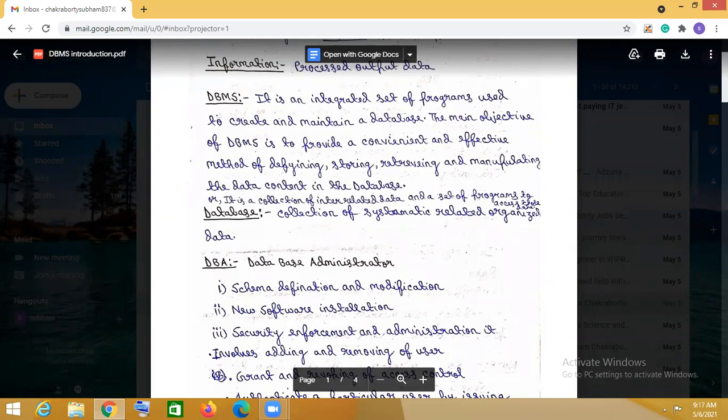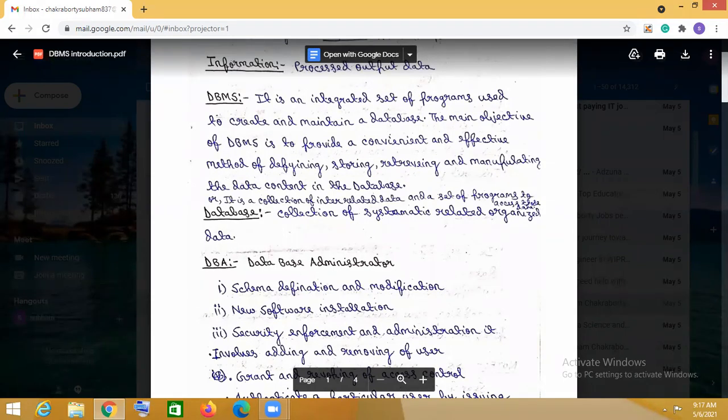Security enforcement is also the responsibility of the database administrator: enforcing security rules, and checking that security is working correctly or not. Now, what are security enforcement and administration?